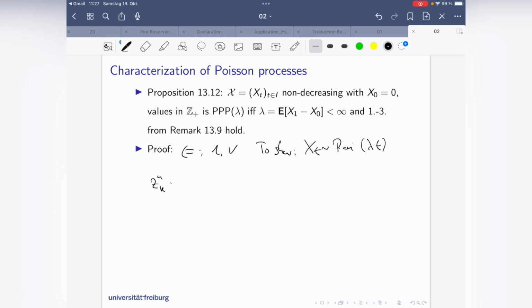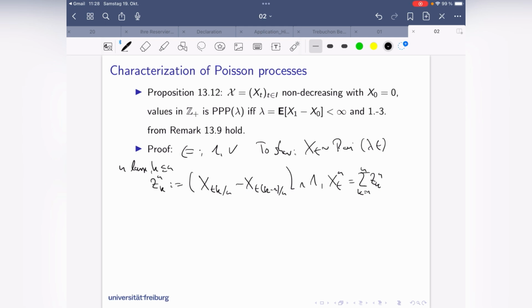Set k to the n, and assume n is large and k is smaller or equal to n. So that's xt_k divided by n minus xt_(k minus 1) divided by n, minimum 1. And let's also say xt to the n is the sum over set k to the n, k from 1 to n.